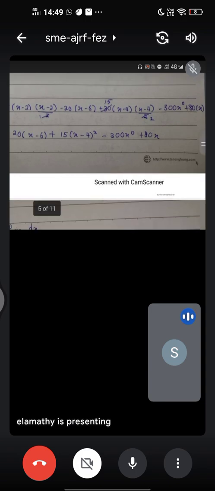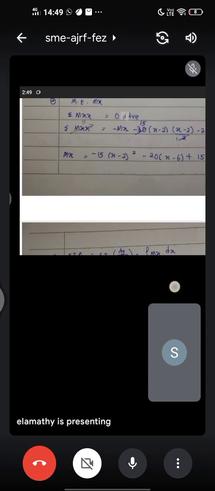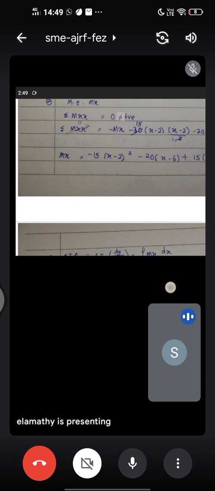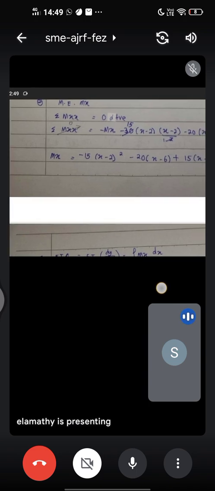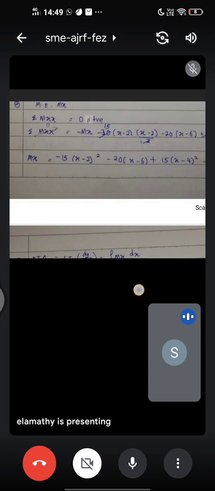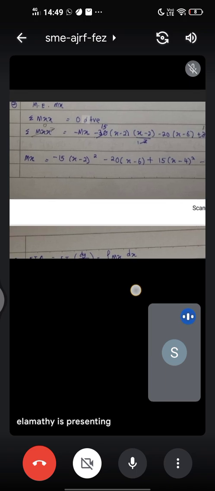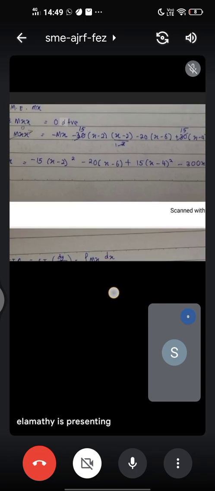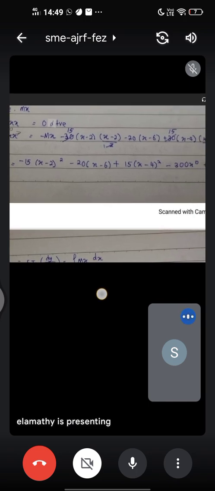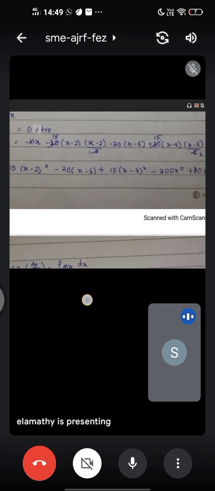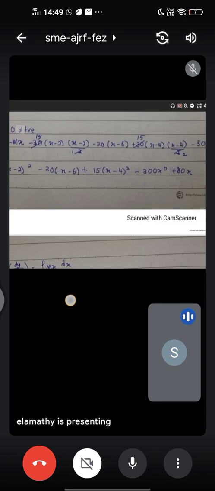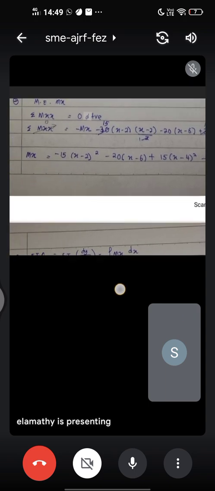You can see the equation. So Mx equals negative 15 open bracket x minus 2 close bracket power of 2, minus 20 open bracket x minus 6, plus 15 open bracket x minus 4 power of 2, minus 300x power of 0, plus 80x.